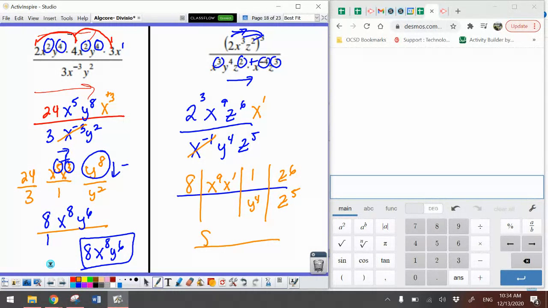Okay, simplifying. The 8 is not going to change. 9 plus 1 is 10, so I have 10 x's on top. My y^4 is not going to change because there are no other numbers there. And my z's, 6 minus 5 is 1, so that leaves me with 1 z on top.